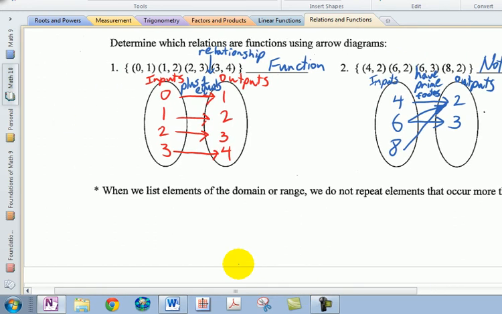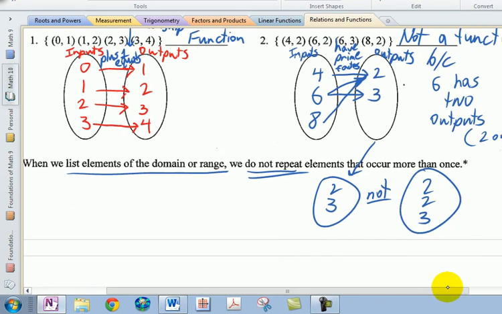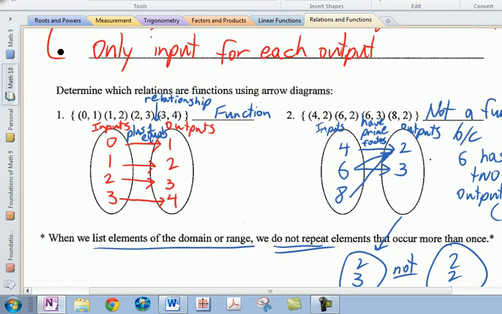When we list the elements of the domain and the range, we do not repeat the elements. So we only had a 2 and a 3, not a 2, 2, and 3. So that's important to note. We don't list it more than once, and we do the same thing for the inputs as well. So one is a function and the other is not a function. You need to know the difference between them when you're given this diagram, or make up the diagram.